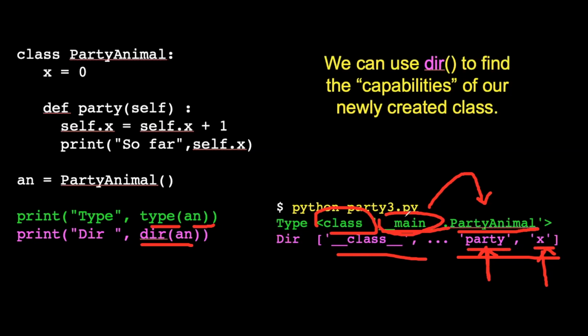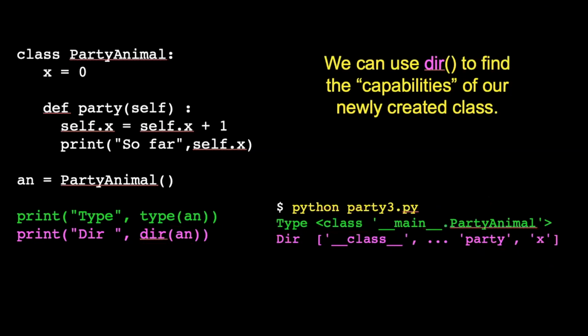So yes, you can use type and directory to find out a lot about this particular class. Okay, any questions about this? All right, cool. Let's move on to the next one.